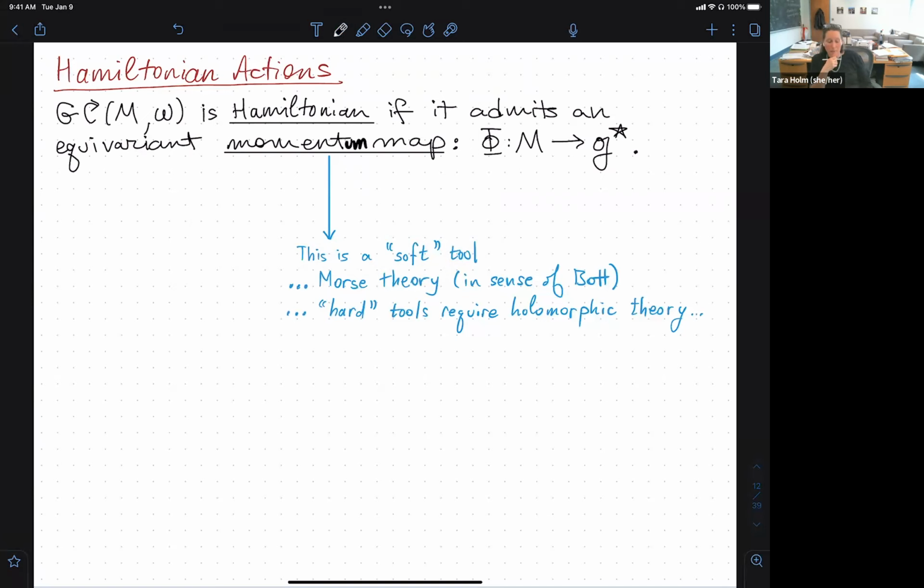We have a momentum map that's a map from the manifold to the dual of the Lie algebra. And the idea here is that the components of this momentum map are Hamiltonian functions for the vector fields that the action generates.